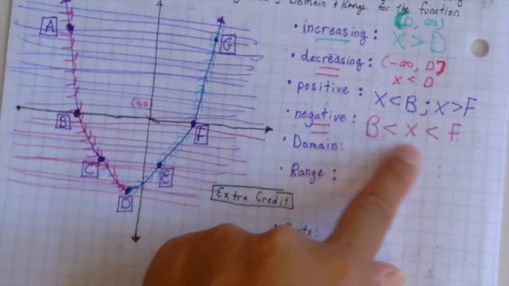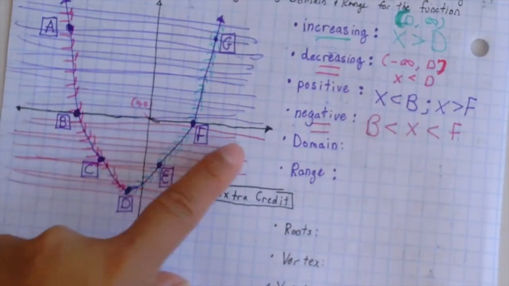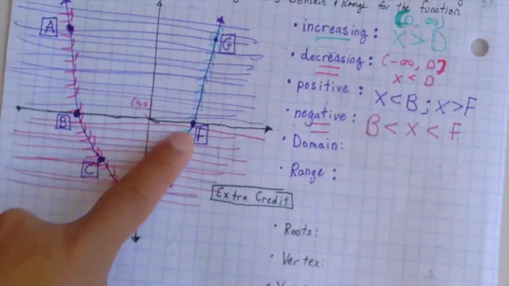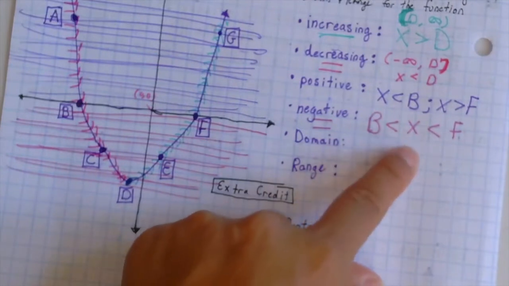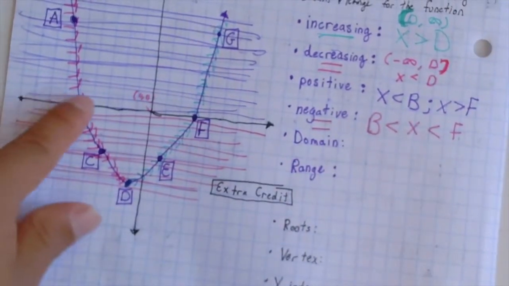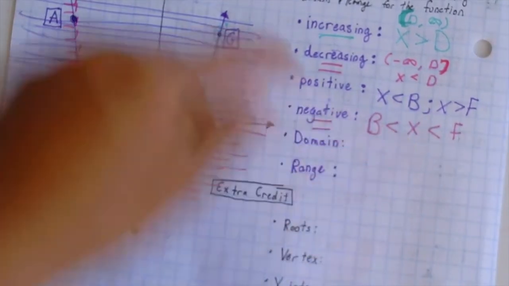Therefore, we use them in writing our notation, and because it's in between B and F, the function is in between B and F when it's below the x-axis. We write the function notation as B less than x less than F. Okay? This means it's in between, and we only need that one interval.